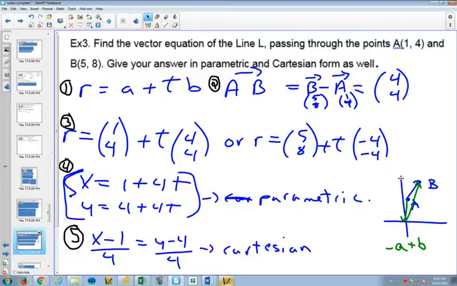So here we were given 2 points, and we wanted to find the equation of the line passing through those 2 points. Well, there we get our direction vector from finding that vector AB, and then we use any of the 2 points to get your random point.